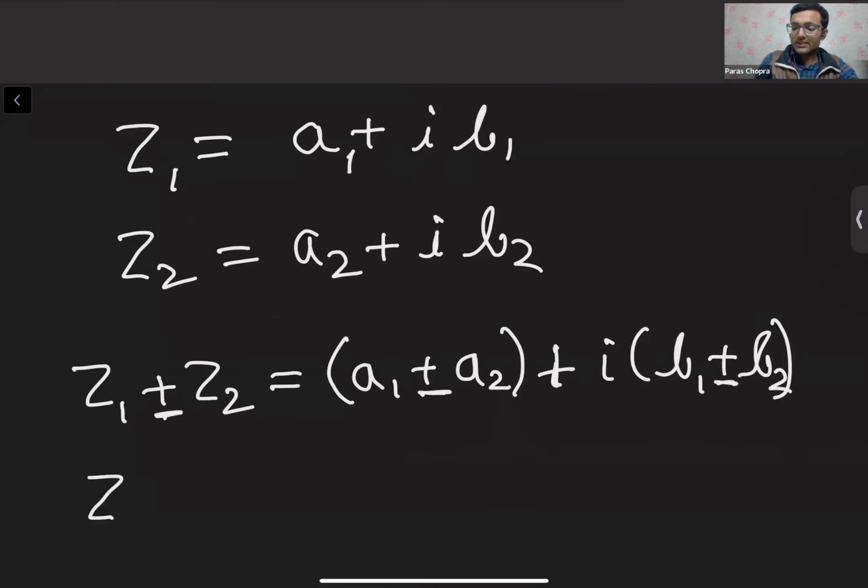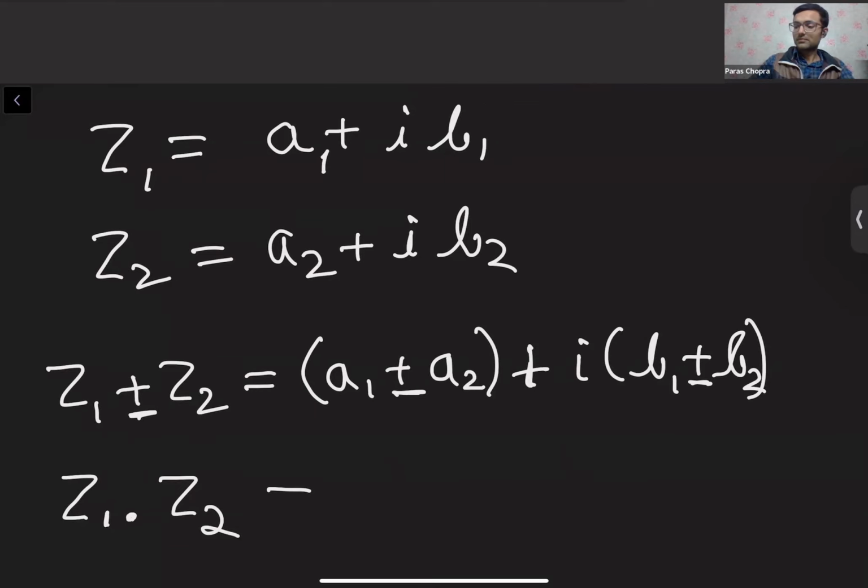Okay, now let us see how to multiply two complex numbers. So what will be the multiplication of these two complex numbers? तो Z1 Z2 करना है, इसका मतलब A1 plus I B1 multiplied by A2 plus I B2.